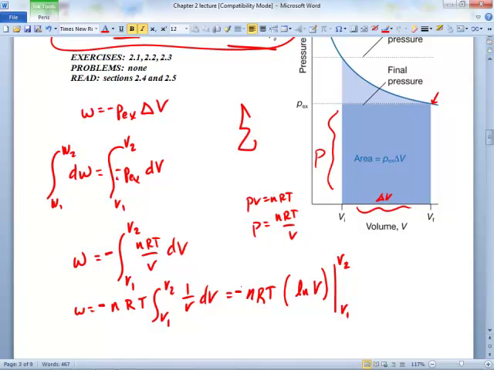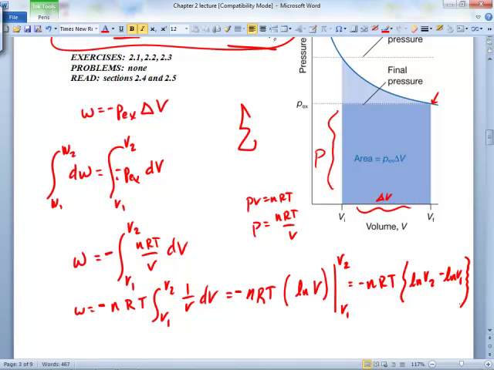Now, again, notation really, really helps you because if you write the notation, it tells you what to do next. So I'm going to put in V2. In their equation, they didn't have V2, they had VF. But I'm going to put in my V2. It's minus what I had for the V1. So minus nRT, natural log of V2 minus natural log of V1.